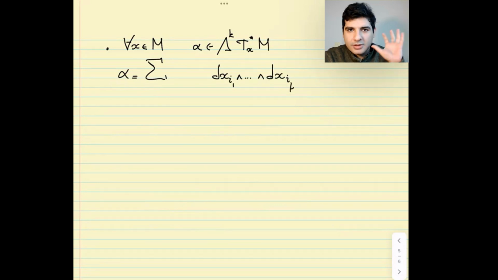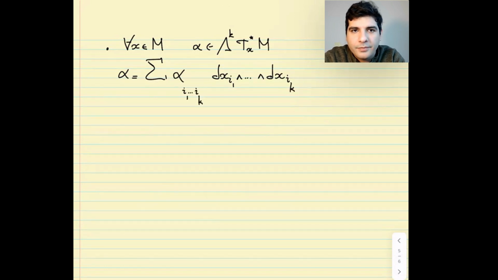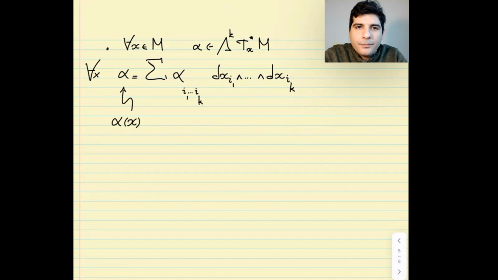So it should be a sum of some coefficients times dxi1 wedge up to dxik. Let's denote these coefficients with alpha i1 up to ik. These are just real numbers. But the point is that we can do this for every x in M. So suppose I have such a linear form on the tangent space of M at x for every x. So for every x, alpha of x is such an object.